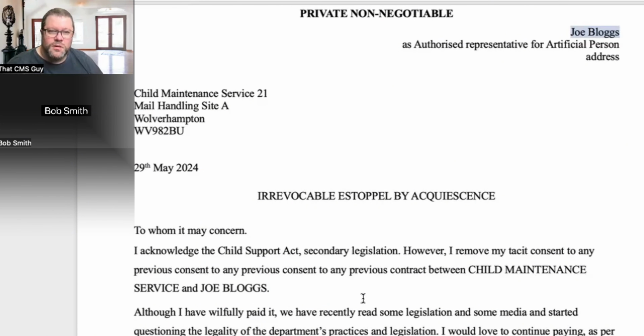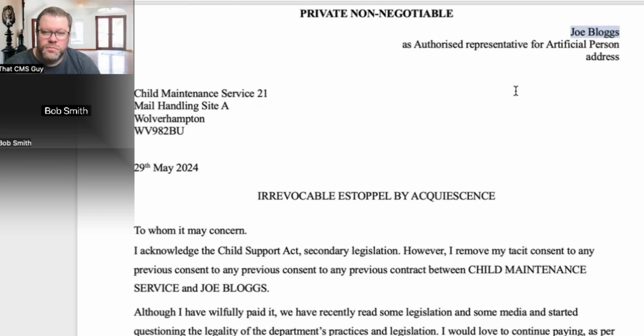Anyway, what this is is called a conditional acceptance letter. So what you're doing is you're not saying no to anything. And that's kind of what the CMS legislation does. If you're an idiot and you go, "No, I'm not doing that," and start effing and jeffing and whatever, they'll spank you for it, because you're breaching the contract.